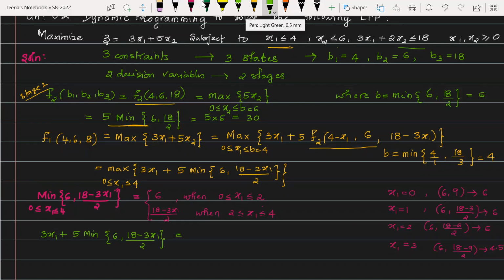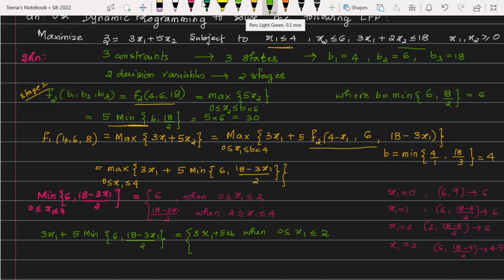So substituting this minimum value here, we have 3x1 plus 5 into 6 when 0 less than or equal to x1 less than or equal to 2.